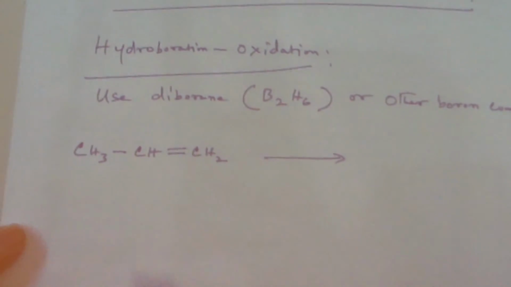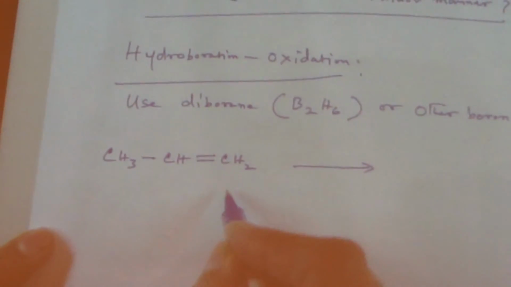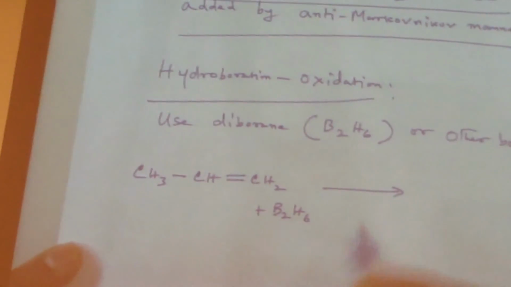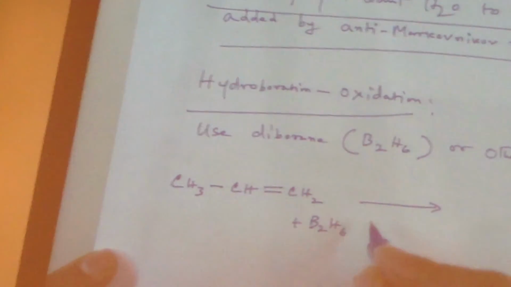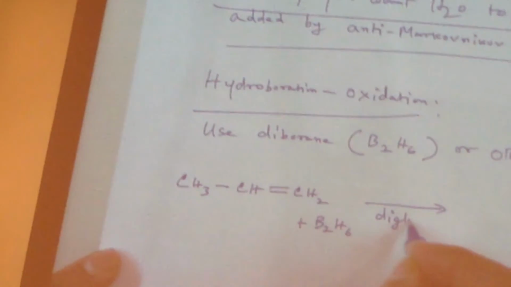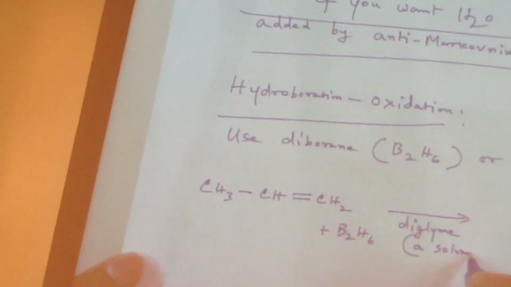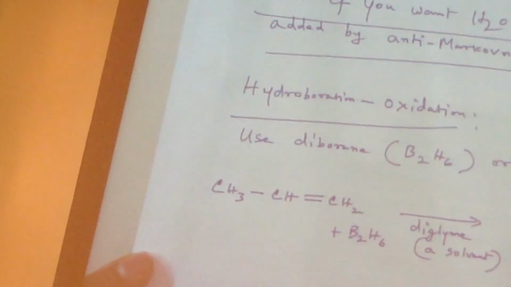And by using diborane, what is done is we add B2H6 and use a high boiling solvent, diglyme, a solvent is used.